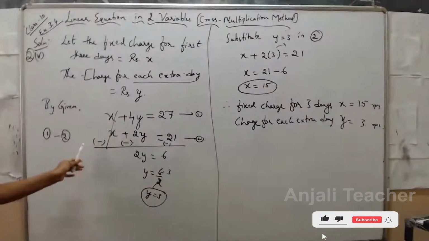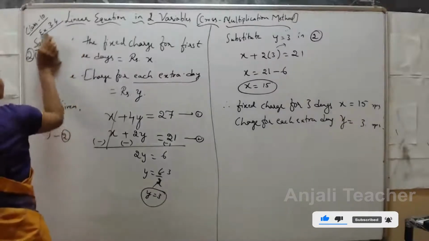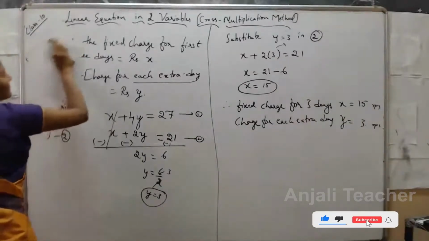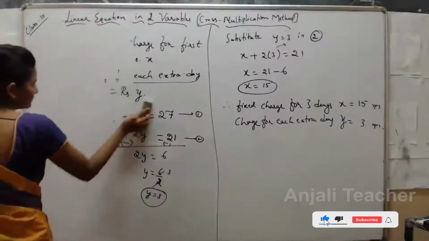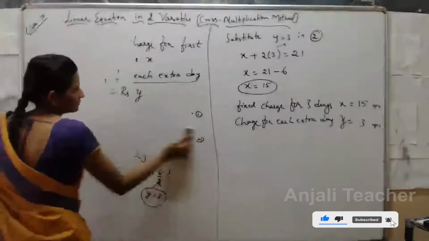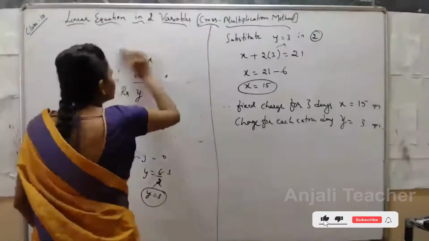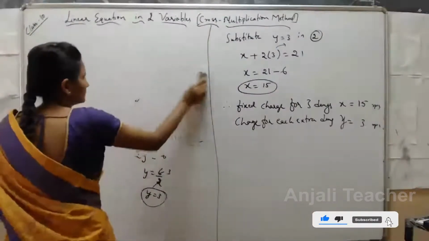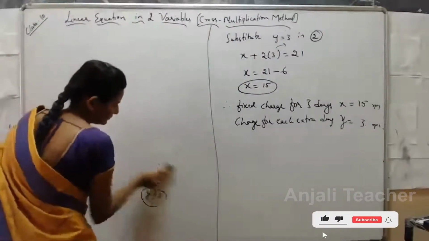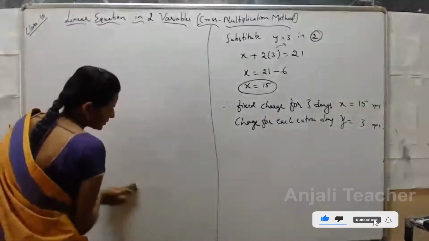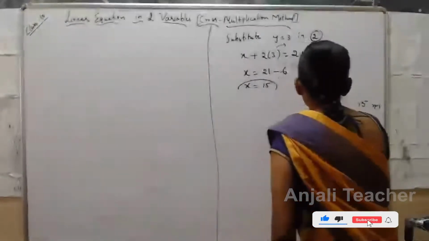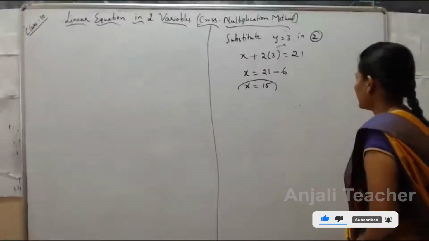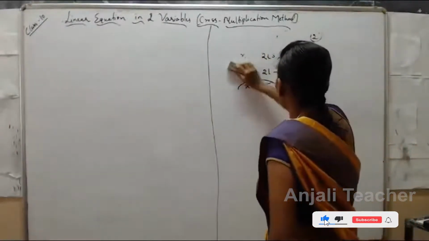In the cross multiplication method, there is a formula. Don't worry about everything. If you learn that formula, you just have to substitute into it. Okay.